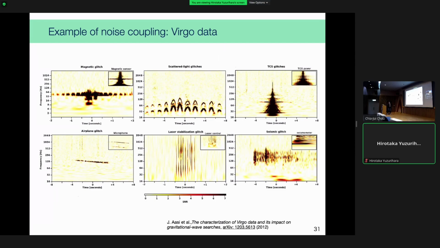And this small box on the right indicates a microphone, where we observe coincident signals. Another example is scattered light or seismic glitches. So yes, there are many non-stationary noises, and they couple with the strain data.